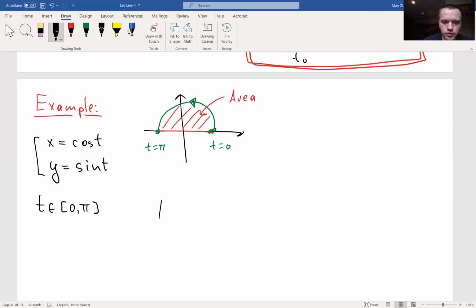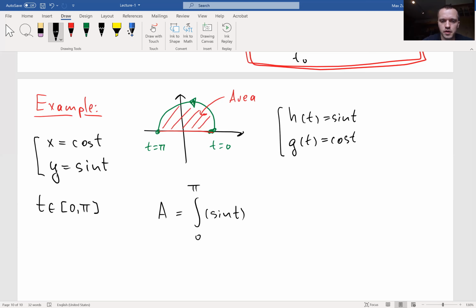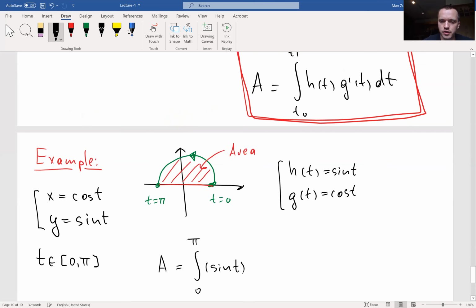So finding the area is going to be computing the integral between 0 and pi of my sine function times the derivative. Because remember, what do we have? We have that h of t is equal to sine t, and g of t is equal to cosine t. And if I'm going to use the formula over here, then I need to plug in h of t.